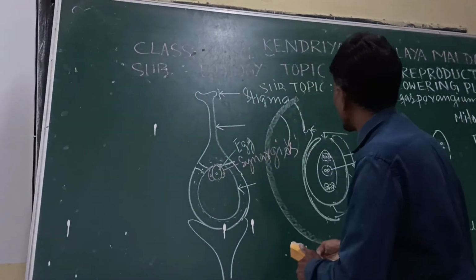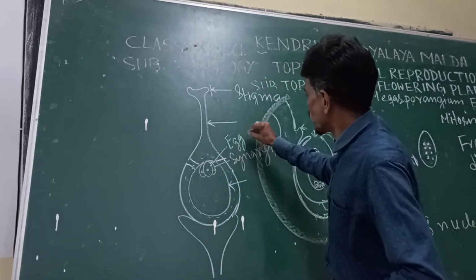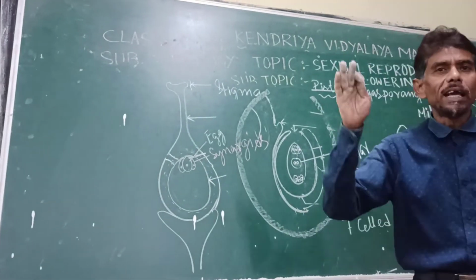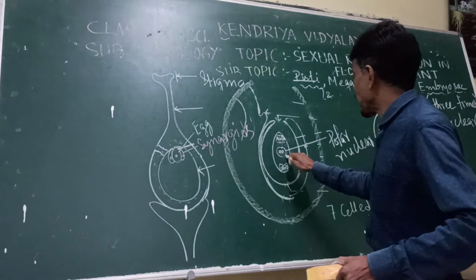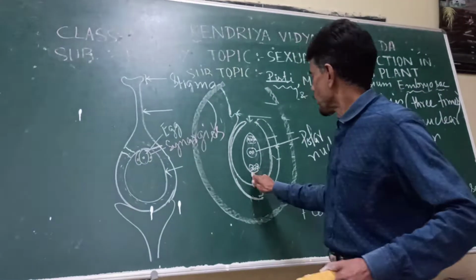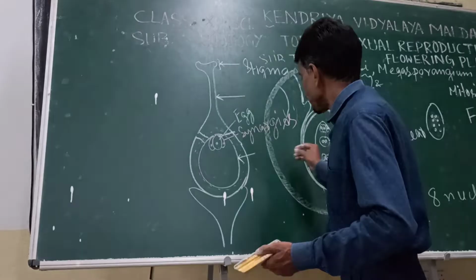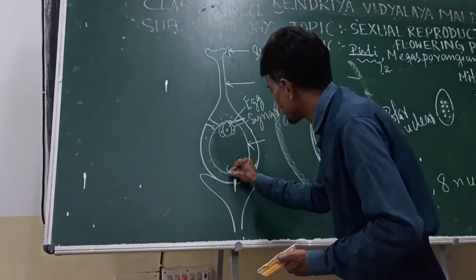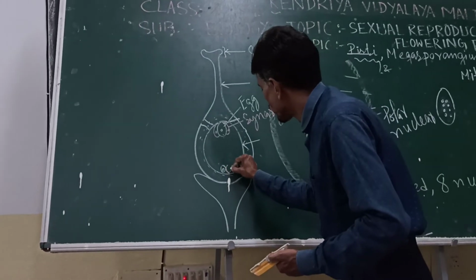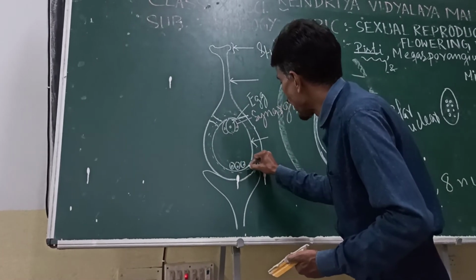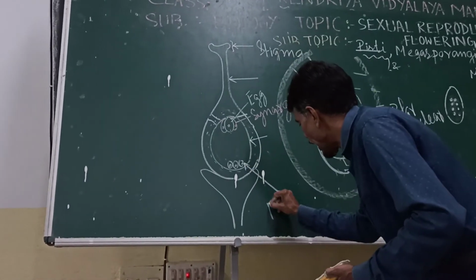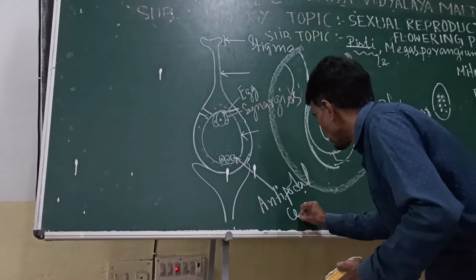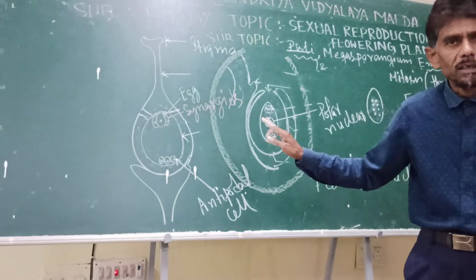Together, the egg and synergids are called the egg apparatus. The 3 nuclei with 3 cells present at the chalazal end are called antipodal cells. Is that very clear?